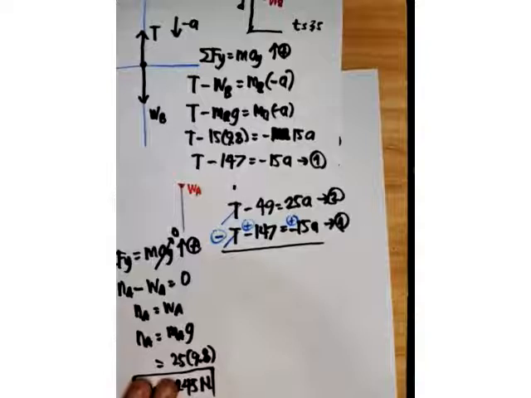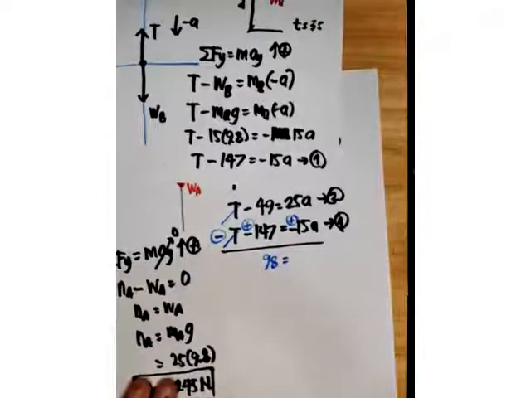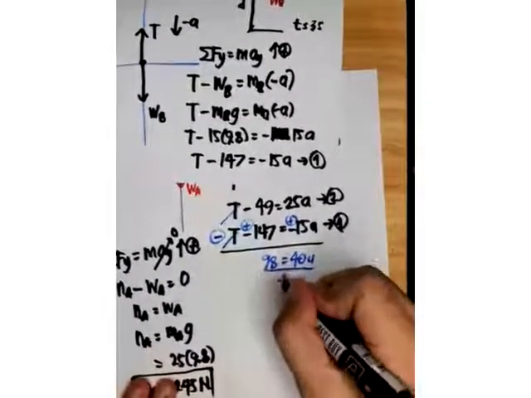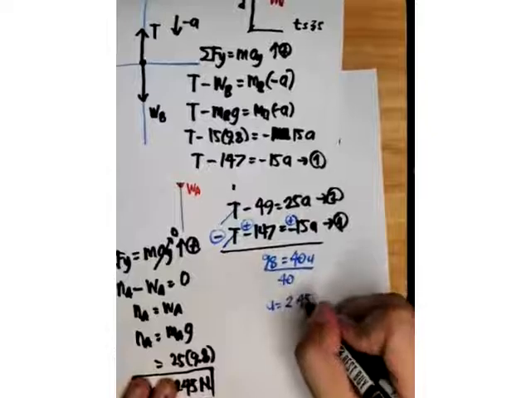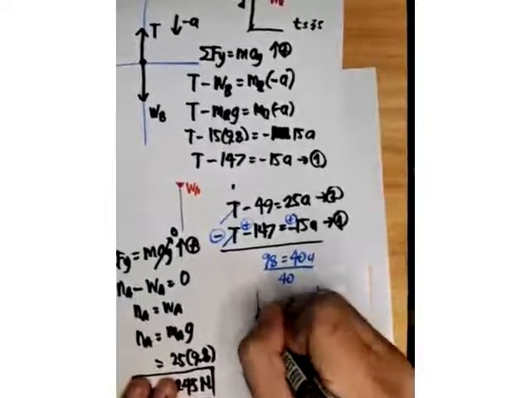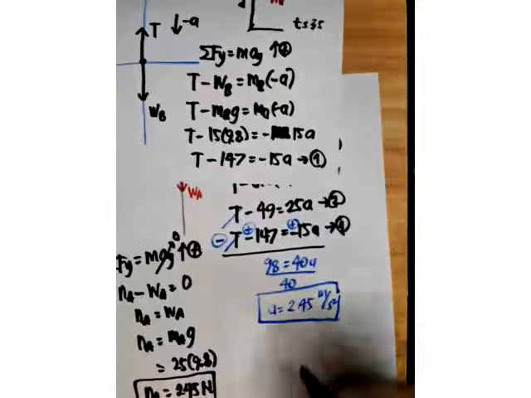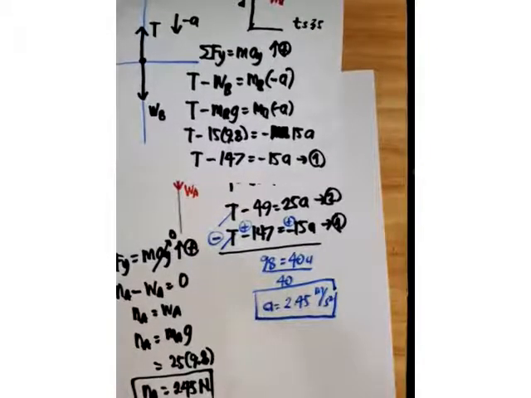That's 49 minus 147, which is negative 98, equal to 40a. Then divide this by 40. So the acceleration is 2.45 meters per second squared. I'm just checking.